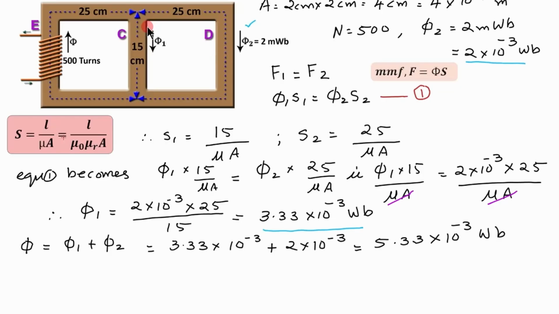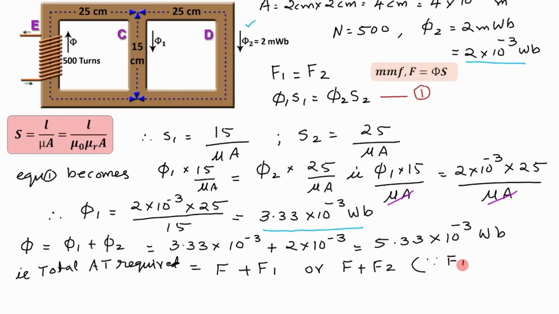That is, we have to take either F1 or F2 as both are parallel. That is, total ampere turns required is equal to ampere turns for path E, that is F, plus ampere turns for path C, that is F1, or ampere turns for path E, that is F, plus F2.